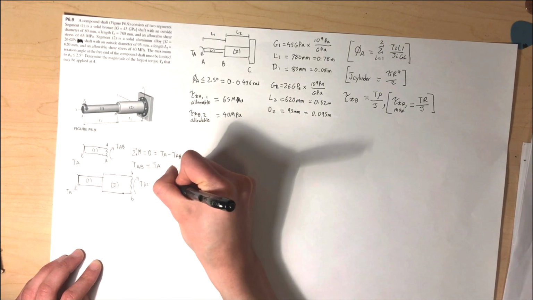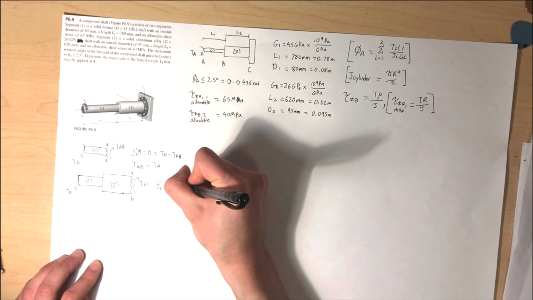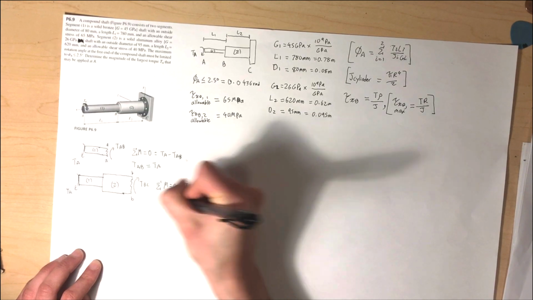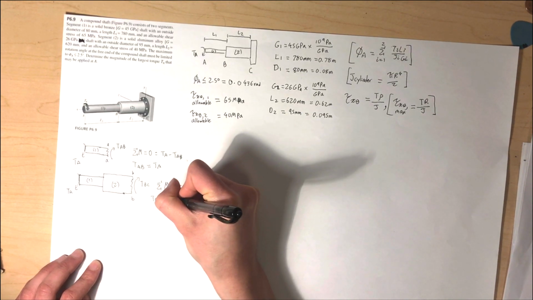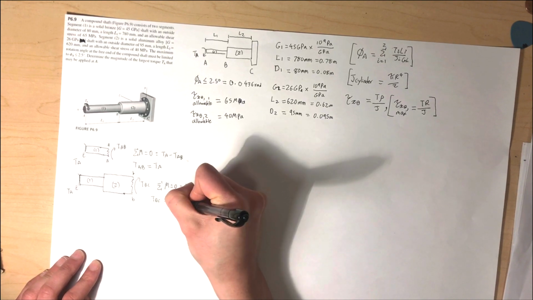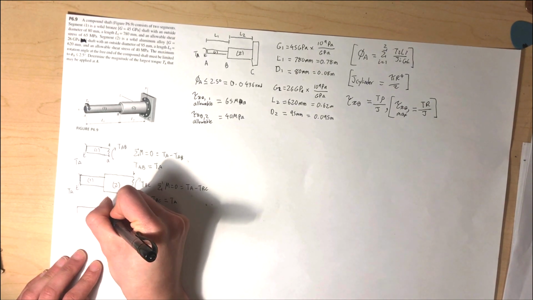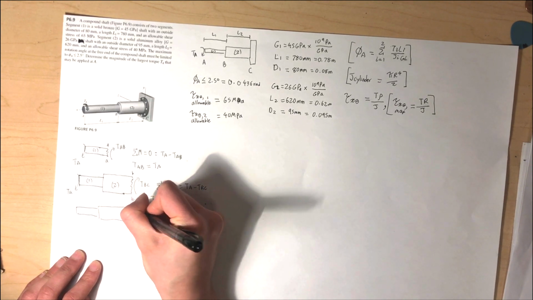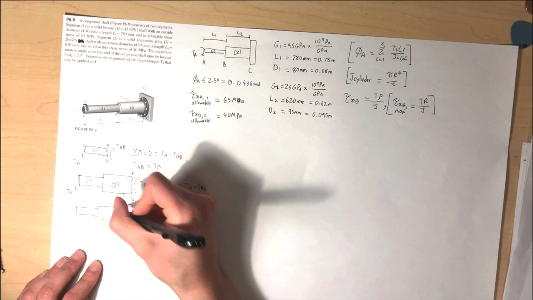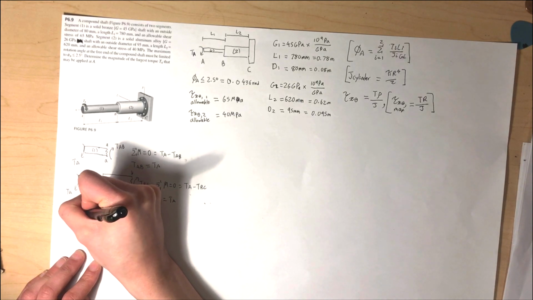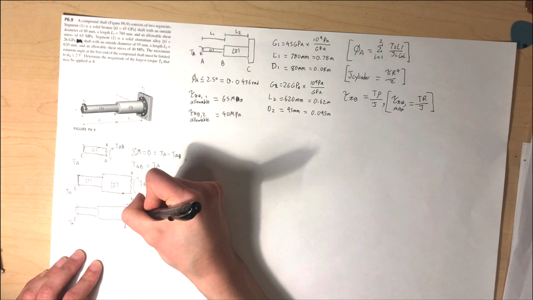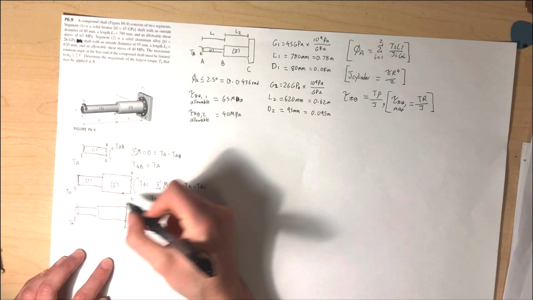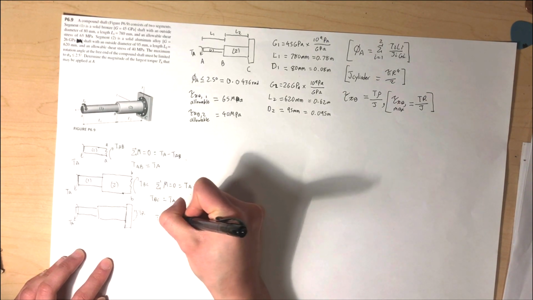Again, we can solve for TBC, and we find that it is equal to TA. Just as a final check, we can also do the full free body diagram, and we know that it's attached to a rigid wall. We have TA at the end and some reaction moment here. Again, TR is going to equal TA.